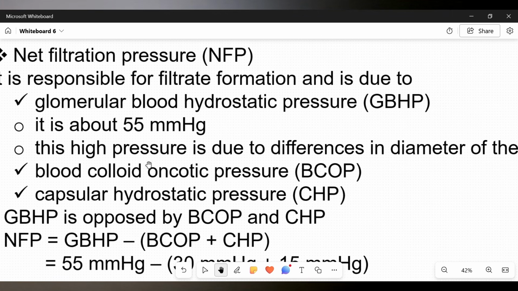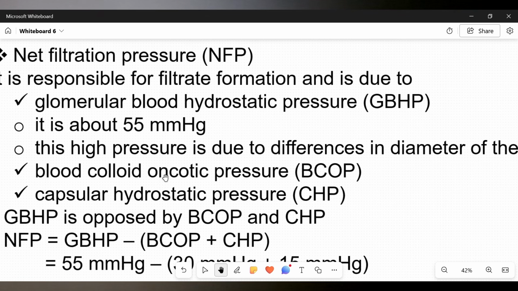Now the second one is the glomerular or the blood colloidal oncotic pressure. We can call it oncotic pressure or we can call it osmotic pressure. Like I said, there are certain solutes within the blood. For instance, you have large molecules like proteins, an example being albumin inside the blood. The presence of these molecules creates an osmotic pressure. Just like we know in osmosis, a hypertonic solution has a higher concentration of solutes.